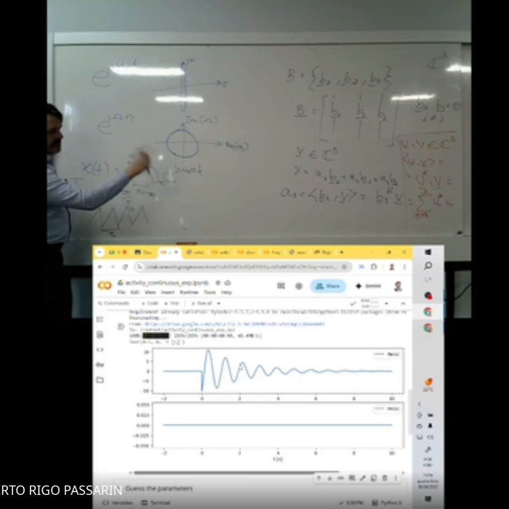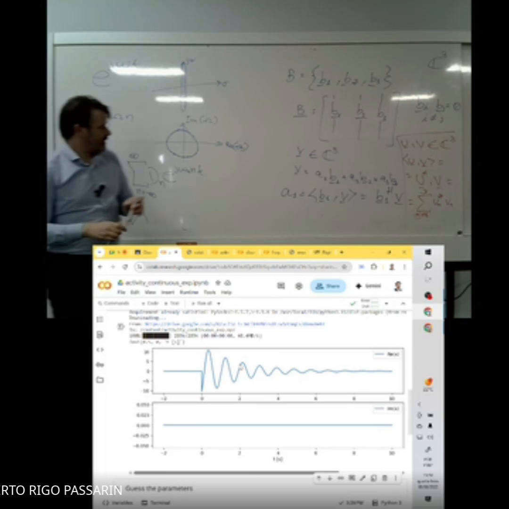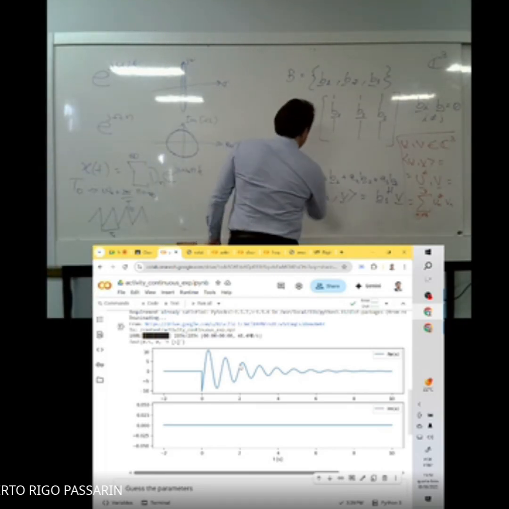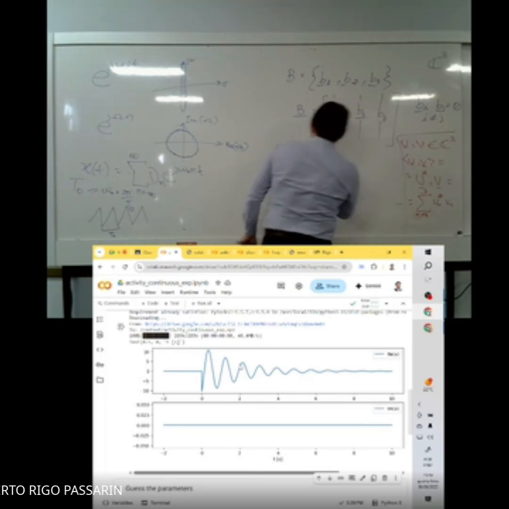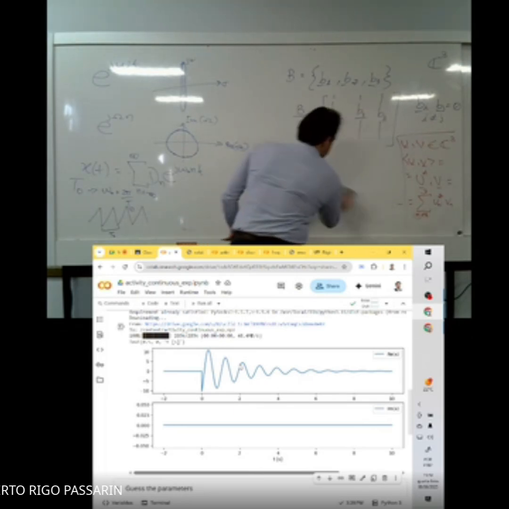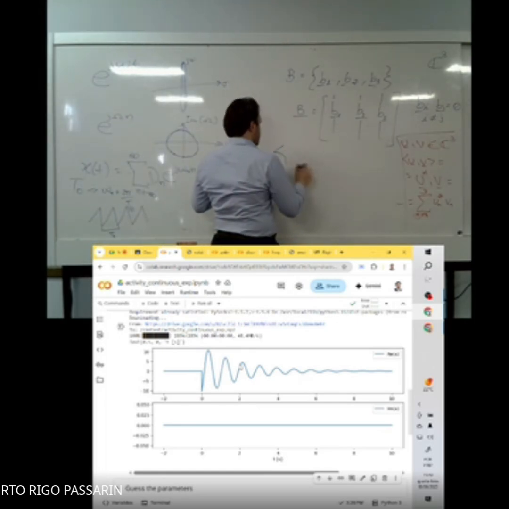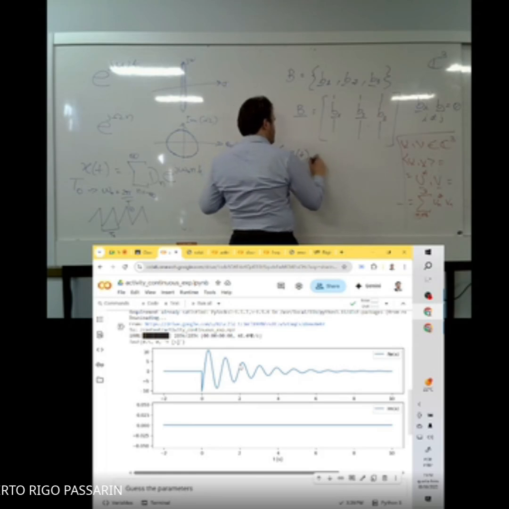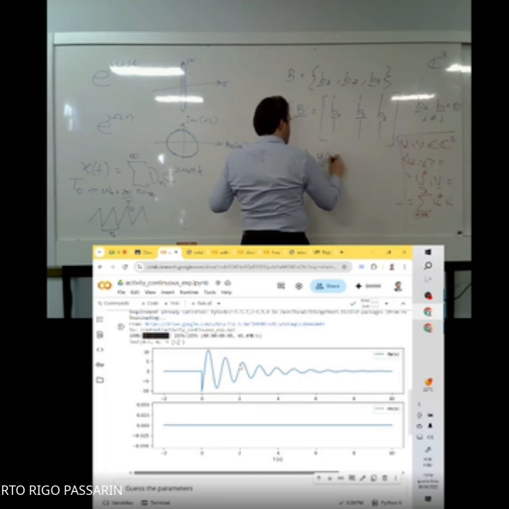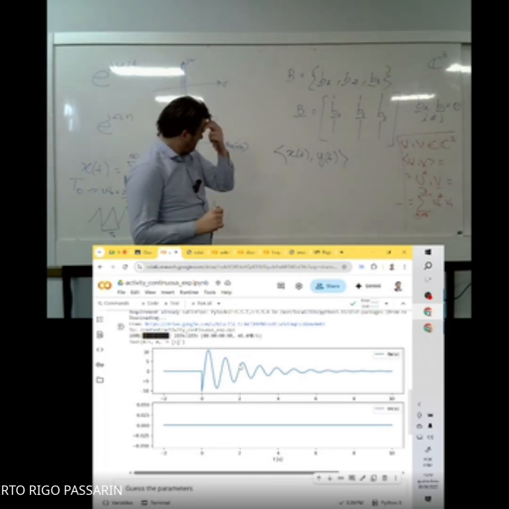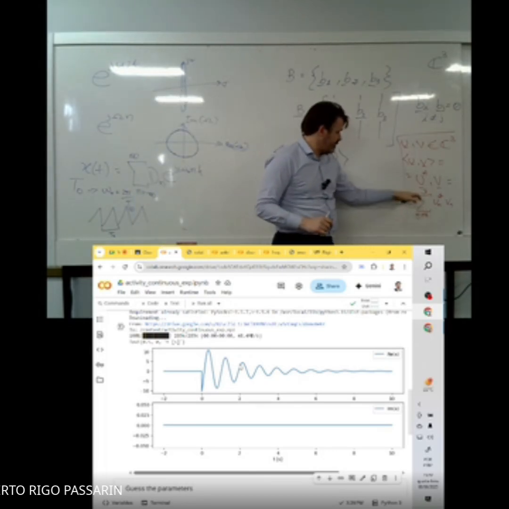So how can we extend that to continuous functions? Now let's define the inner product of x of t, y of t. Here I have a sum element-wise.